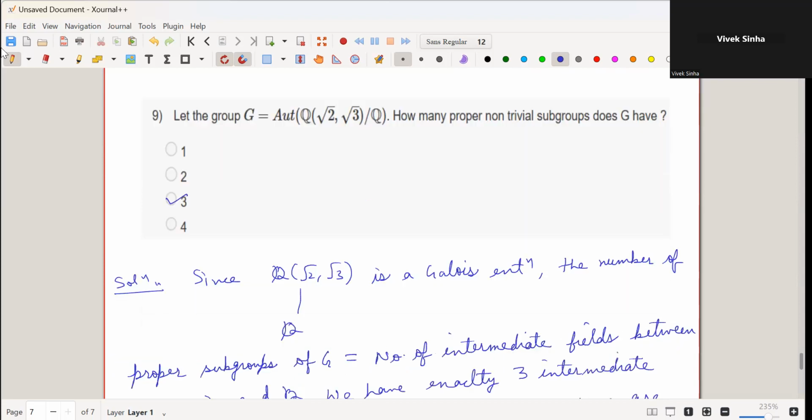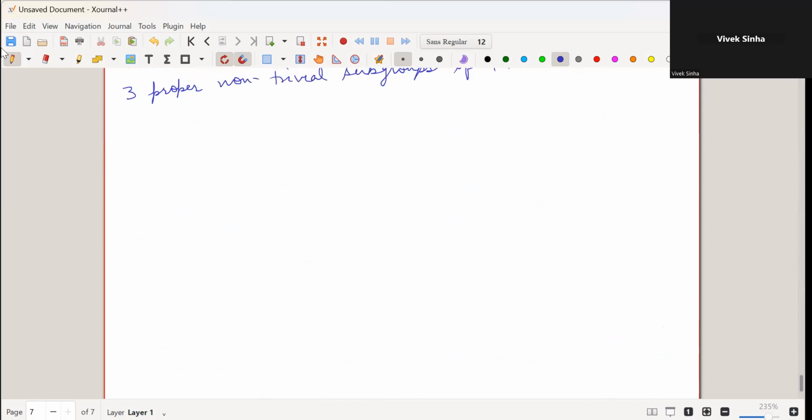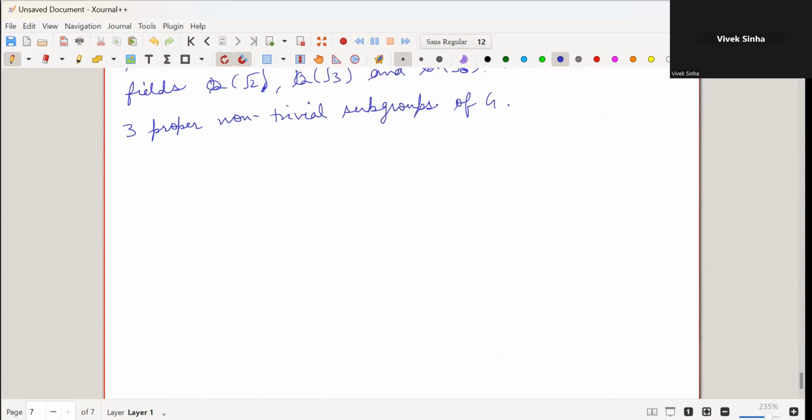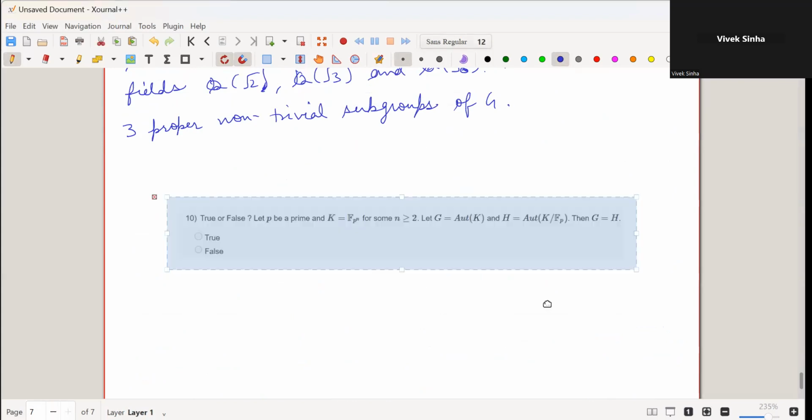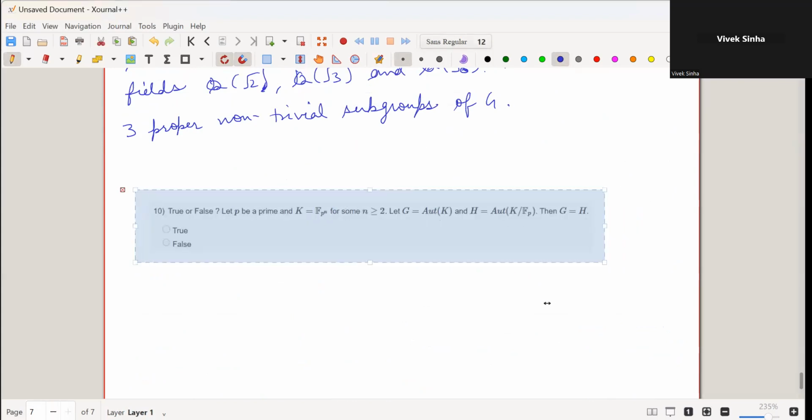Okay, so with that, I think we can move to the last question of this assignment. This is just a theory-based question. It says true or false.